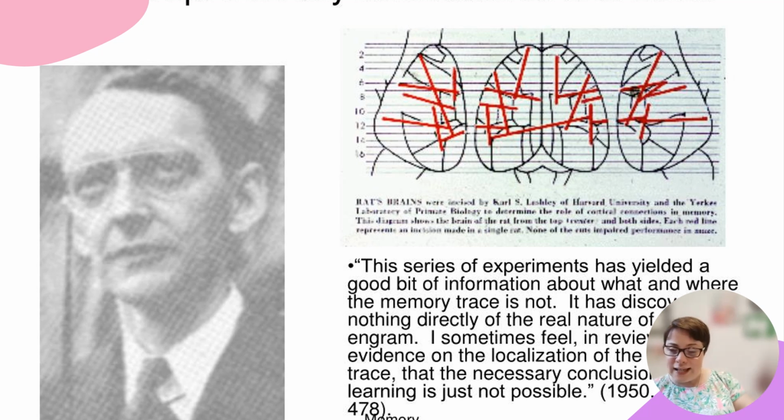So basically, experimentally damaging the brain and observing the after effects, if you will. So everywhere where you see a line, that is an area that Lashley lesioned. And despite that, the rat continued to engage in food-seeking behavior, which again suggests that memories are much more complex and must rely on multiple regions of the brain.